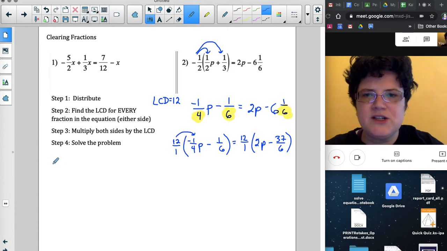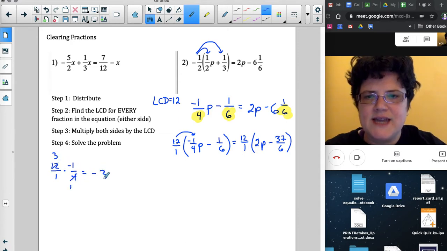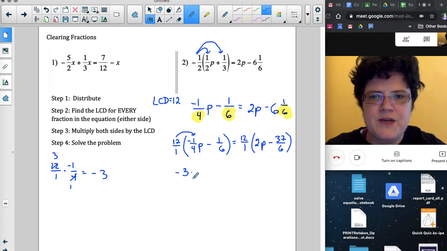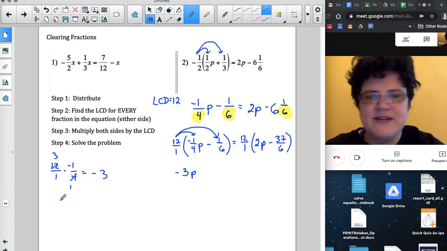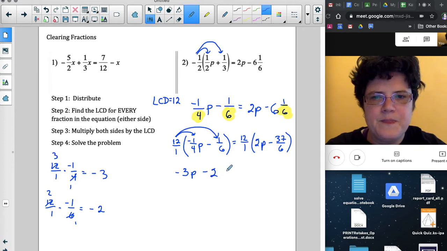I'm going to come over here and just do a little bit of scratch work. 12 over 1 times negative 1 over 4, that's going to cancel, and so that's negative 3p. And I'm going to multiply the 12 times negative 1/6. So 12 over 1 times negative 1 over 6, those cancel, and I've got negative 2. And then on this side, I'm going to do 12 times 2p. I think I can do that one.